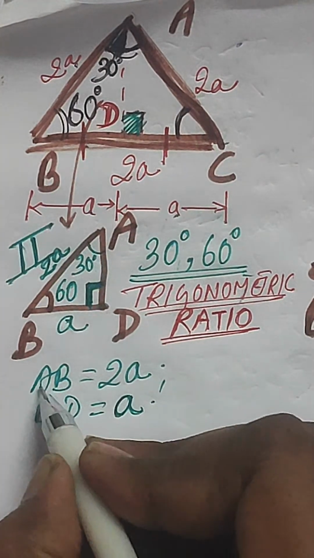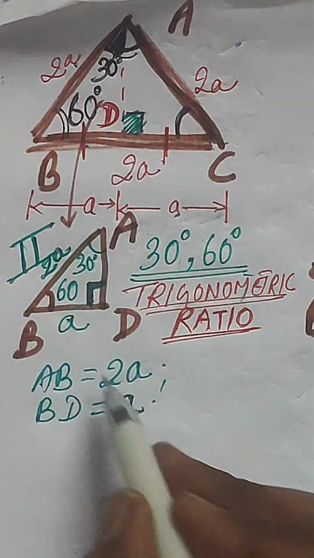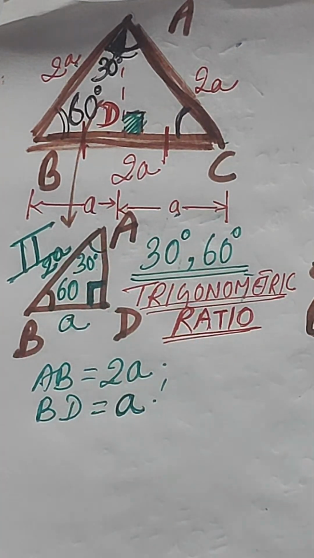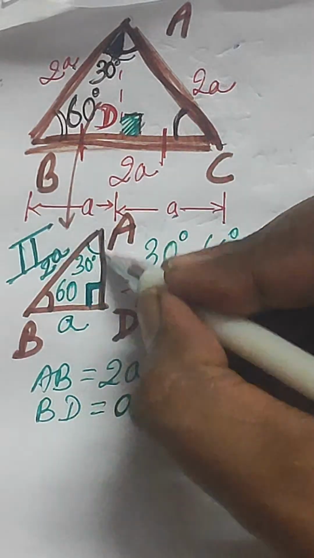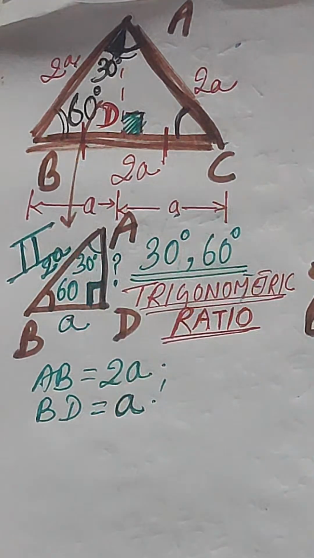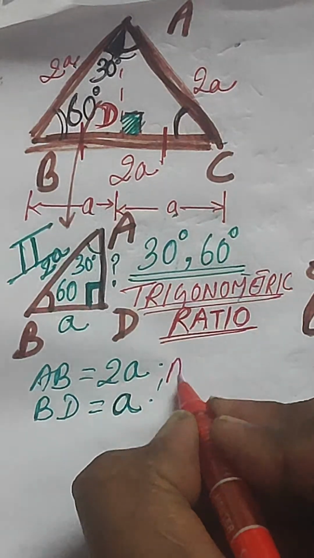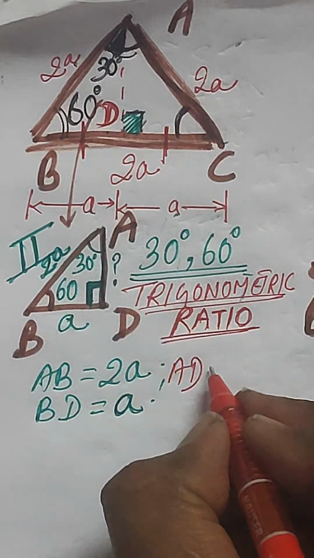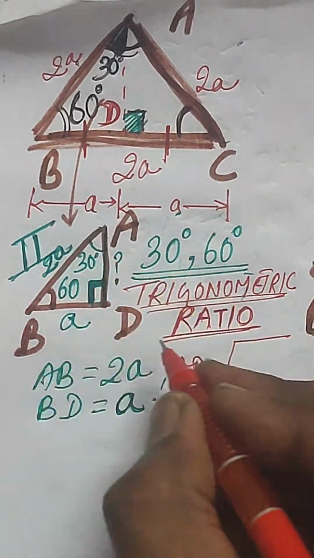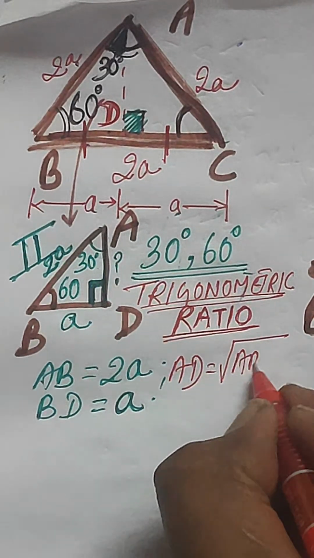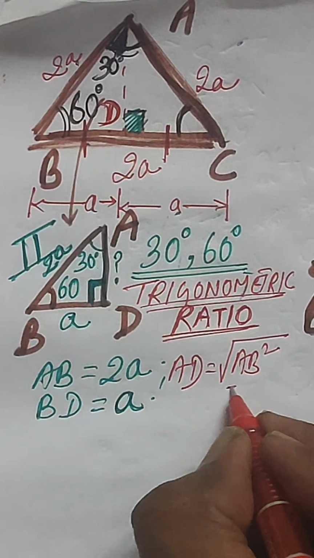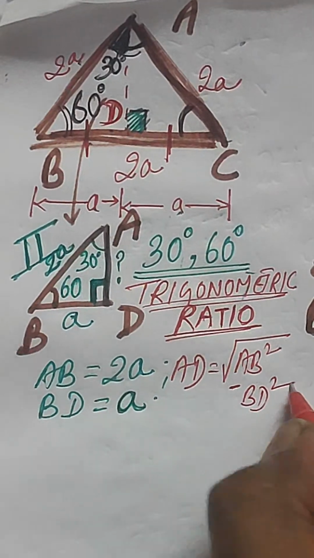So here AB is 2a, BD is a, and what is the length of AD? This is not calculated. Simply apply Pythagoras and calculate AD. AD is the square root of AB square minus BD square.